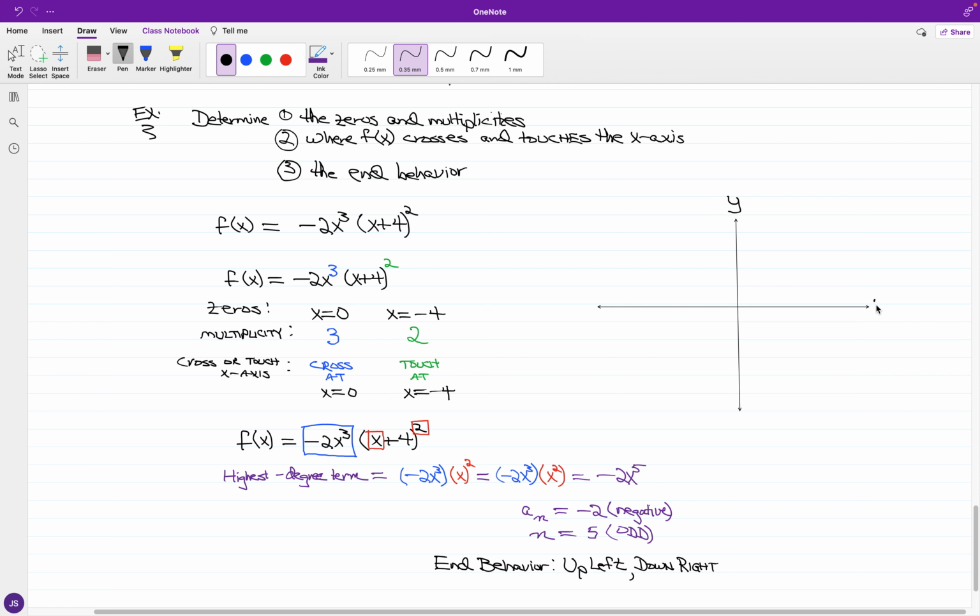For the zeros of interest, I have 0 and negative 4. At negative 4, the graph is going to touch the x-axis, and at x equal to 0, the graph is going to cross the x-axis.